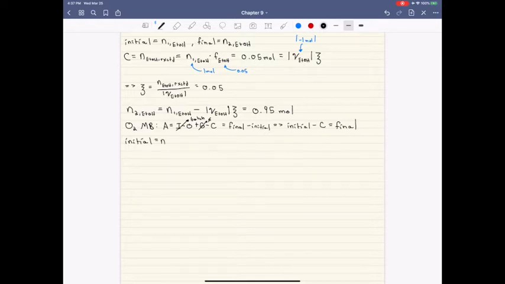The initial amount is the oxygen that is initially charged into the system. The final amount is the oxygen that's taken out of the system, N2O2. And our consumption term, we could write in terms of the extended reaction.